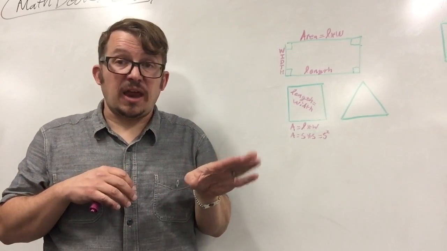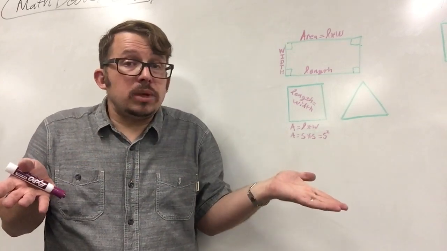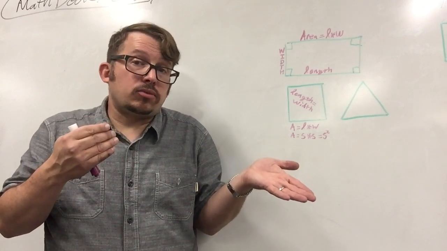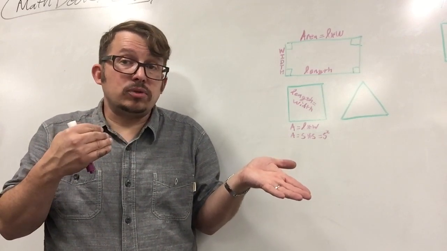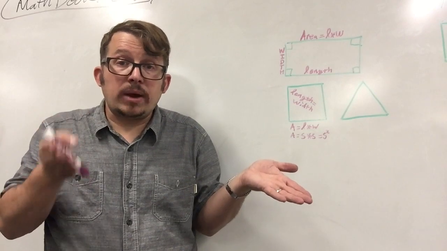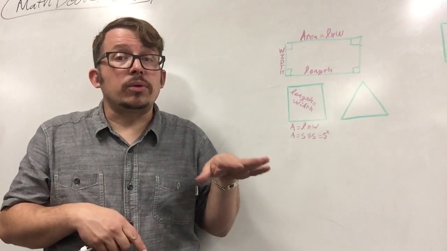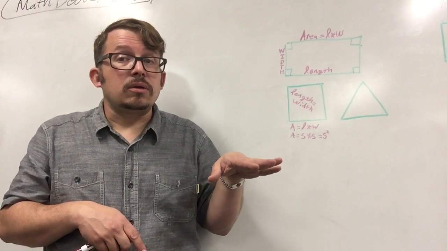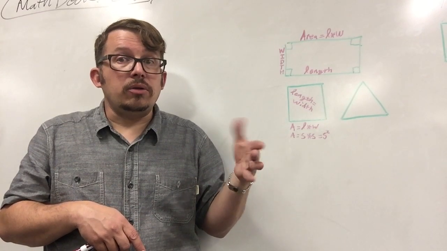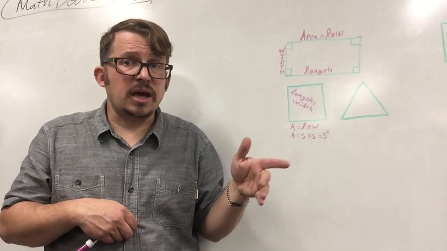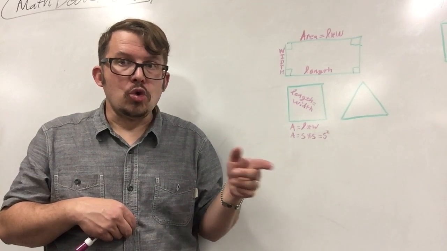Cool, you got that. Square, the length and the width are the same. So, since area is length times width for a rectangle, area is length times width for a square, because squares are rectangles. But since squares are special rectangles, with one side being the same as the other side, you can just say area is side times side, or side squared.